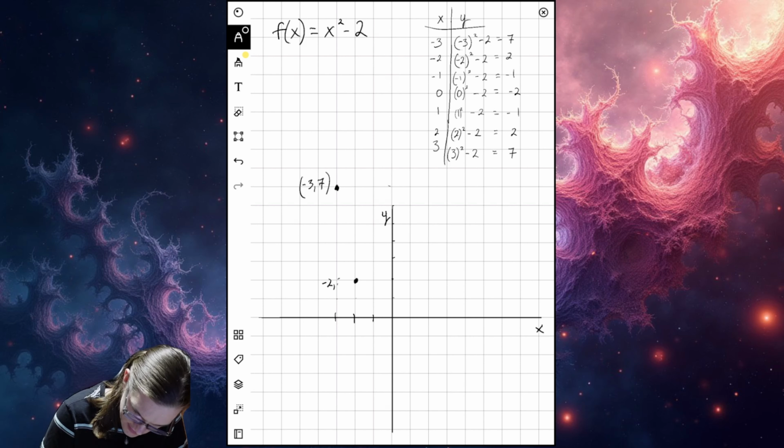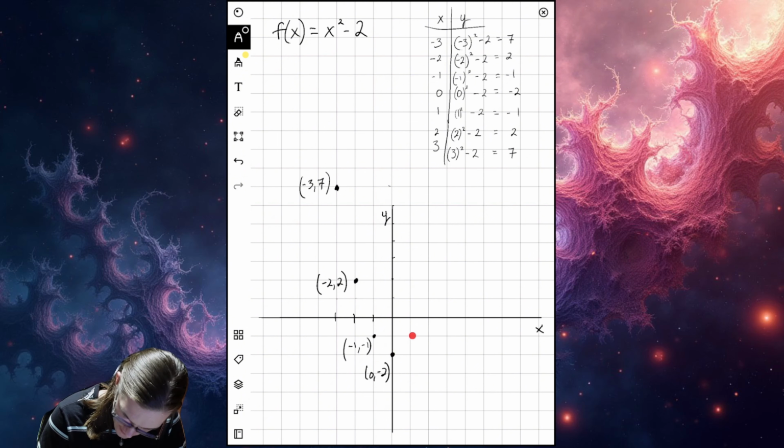This is -2, 2. Next is -1, -1. Then we have 0, -2 right here. Then it mirrors over the y, which makes sense. So +1, -1, +2, 2, and +3, 7, which is right here.